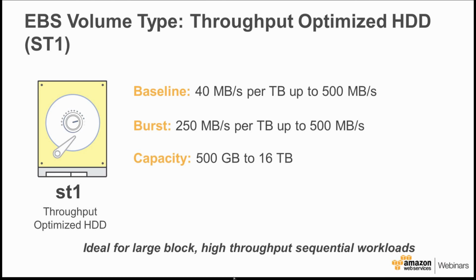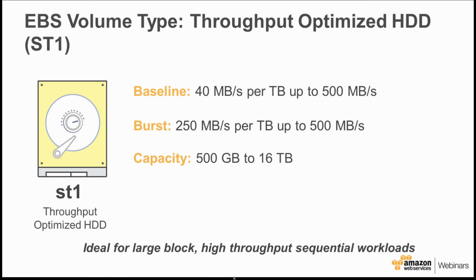Like GP2, you provision the volume size and the performance is automatically provisioned for you. Like GP2, you get a baseline performance and a burst performance. However, all performance characteristics are measured in megabytes per second instead of IOPS. With this volume type, you get a baseline performance of 40 megabytes per second per terabyte provisioned, up to 500 megabytes per second.